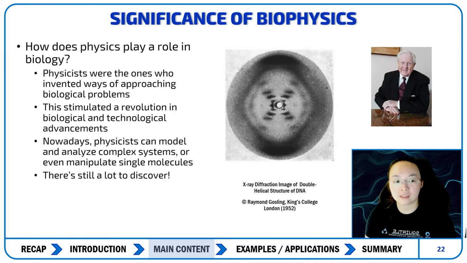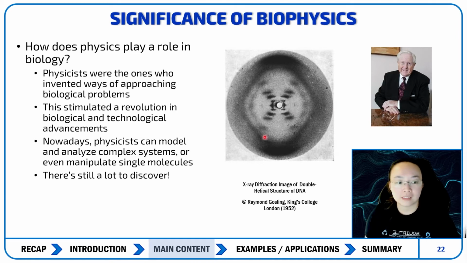Nowadays, this has proven to be very useful because we can use physics to model and analyze complex systems, or even manipulate single molecules. So biophysics is still considered a budding field with lots of researchers gaining a lot of traction, with lots of questions to answer and many discoveries to be made still.